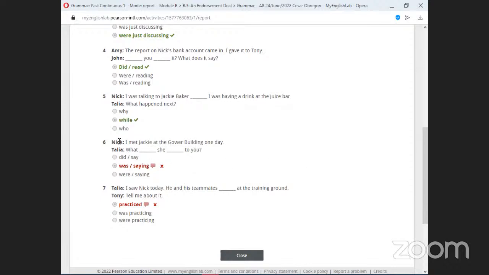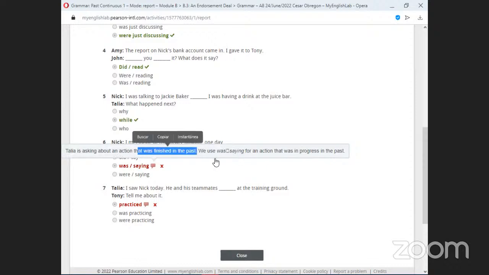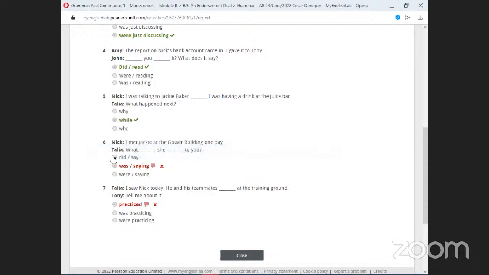Okay, so 6. I met Jackie at the Gower building one day. Sally is asking about an action that was finished in the past. We use was saying for an action that was in progress in the past. Did she say to you?